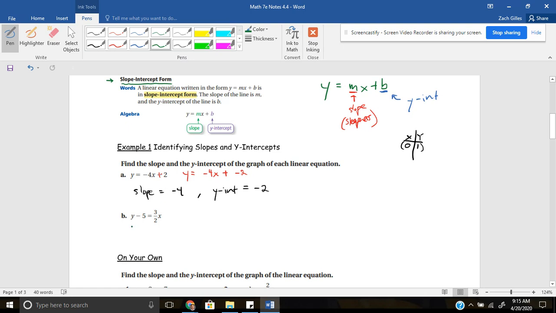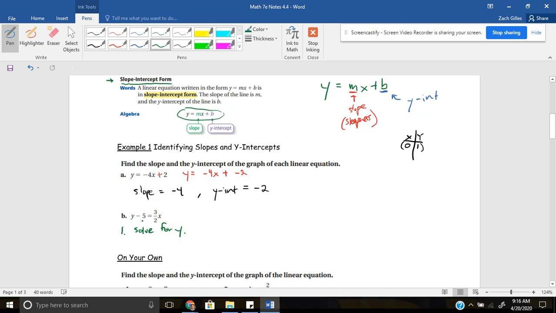In letter B here, you'll see that our y isn't solved for. So that's going to be our first step, to solve for y. Because if you're looking at our slope-intercept formula, y equals mx plus b, our equation is solved for y.